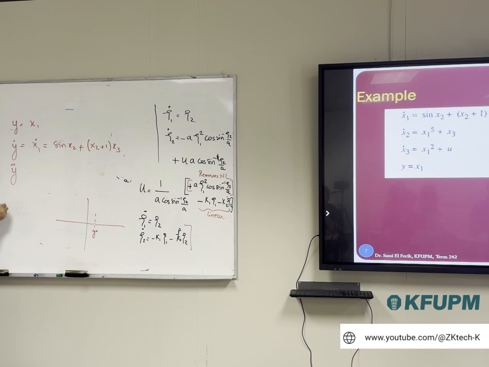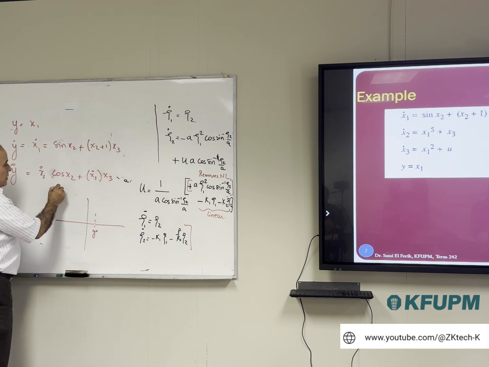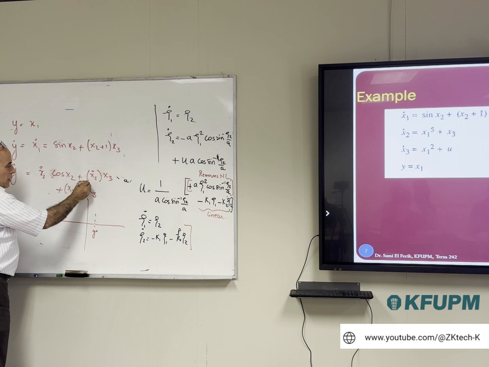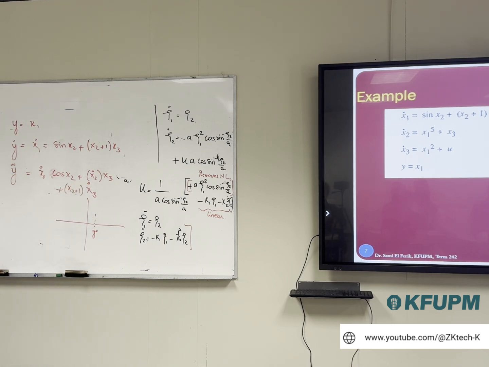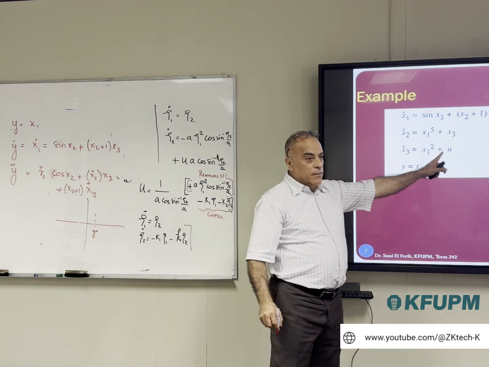Y double prime will be equal to x2 prime multiplied by cosine of x2 plus x2 prime times x3 plus x2 plus 1 multiplied by x3 prime. And then I replace each one of the primes in this equation. When I replace x3 prime in this equation, the u will appear, right?